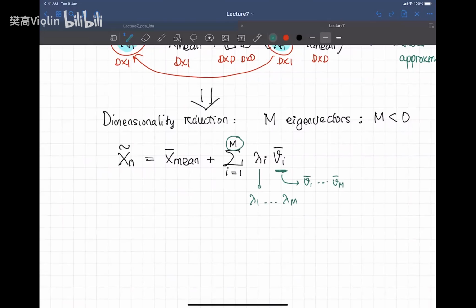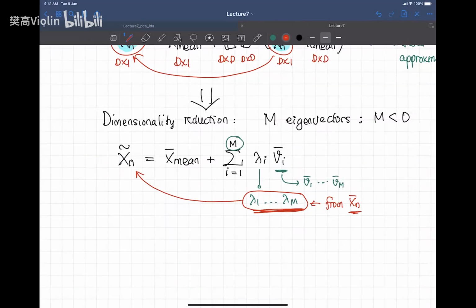So what is the advantage of this? You have to pay attention here. Lambda 1 until lambda m is actually the representation of your xn. So if you obtain this lambda from xn, then this will be the representation of xn.